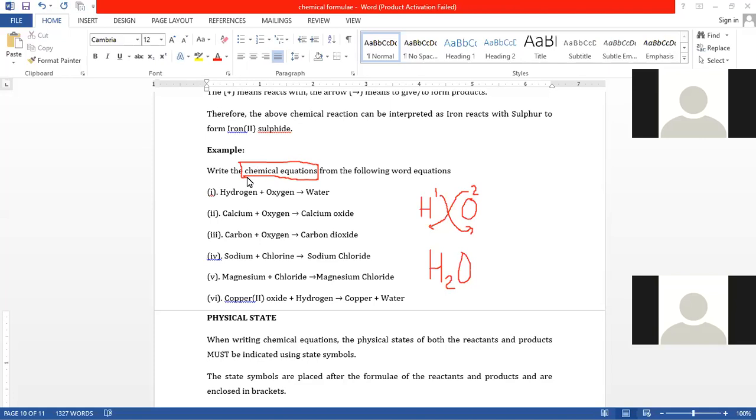Teacher, I think since we know hydrogen is H, so H plus oxygen, that is O. So it write valence down.